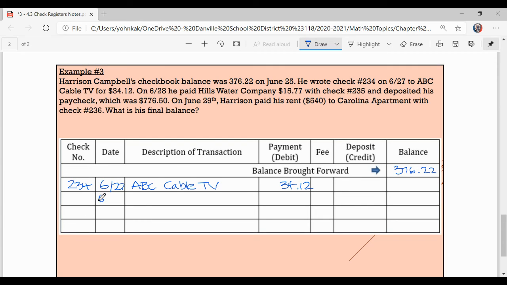On 6/28, he paid Hills Water Company $15.77 with check 235. And also on 6/28, he deposited his paycheck, $776.50.